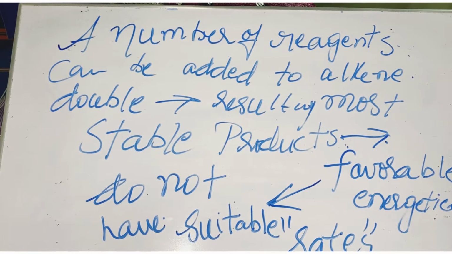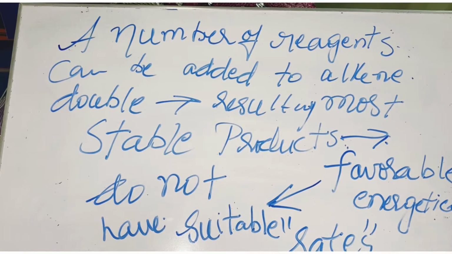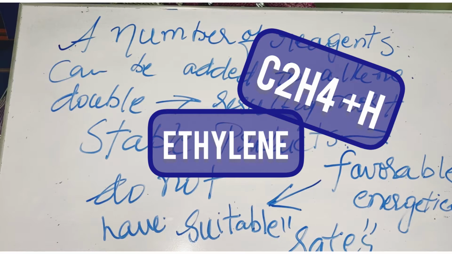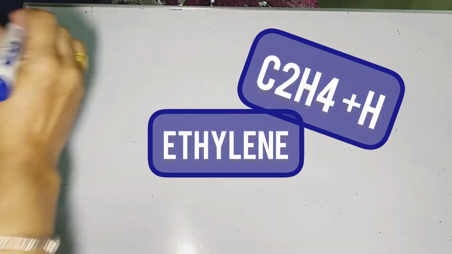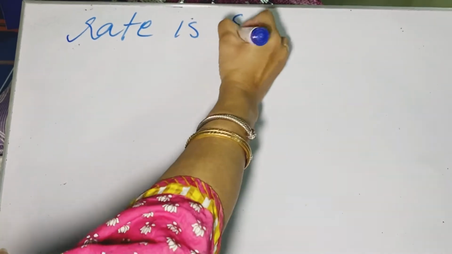No, the suitable rate, that is the speed of reaction. And sometimes the rate is very slow, like reacting ethylene with hydrogen. I will show you in my next slide.